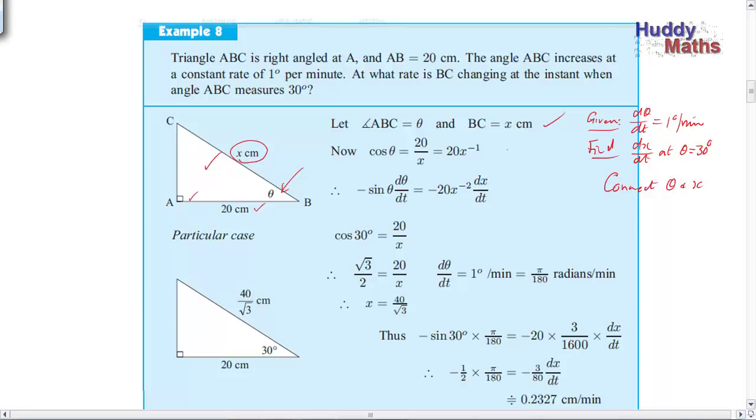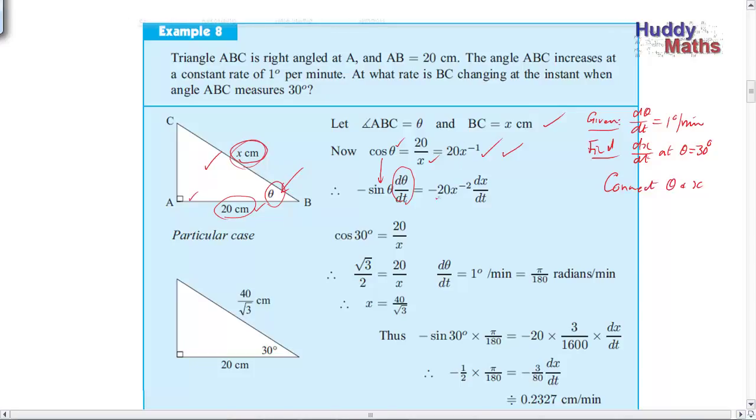You can see here it's just SOHCAHTOA. The cos of angle theta is the adjacent over the hypotenuse, and that nicely connects theta and x. We can write it like this so that we can actually differentiate it. The derivative of cos is minus sine, and don't forget it's a derivative of theta with respect to time. That's implicit here.